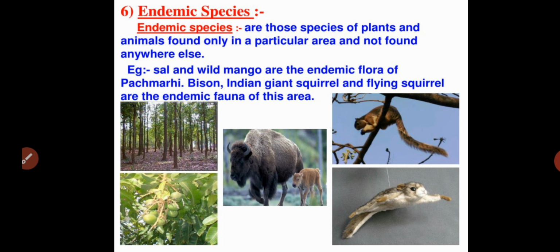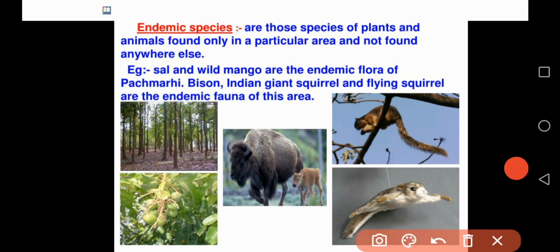Examples of endemic species include both plants and animals. Plants like sal, this is the picture of the sal tree, and wild mango, are the endemic flora of Pachmarhi, the biosphere reserve in Madhya Pradesh, commonly called Satpura ki Rani or Queen of Satpura. Some endemic animals are bison, Indian giant squirrel, and flying squirrel.